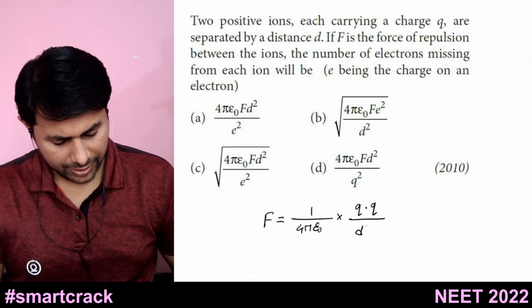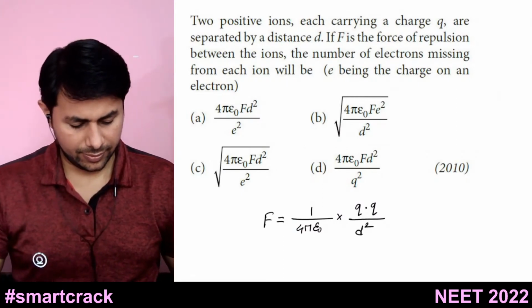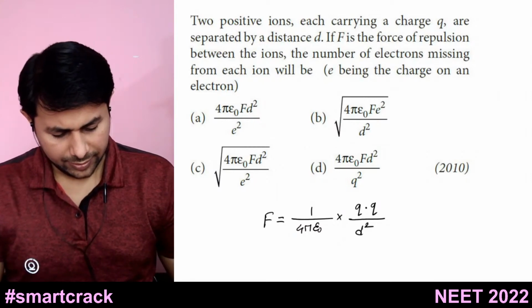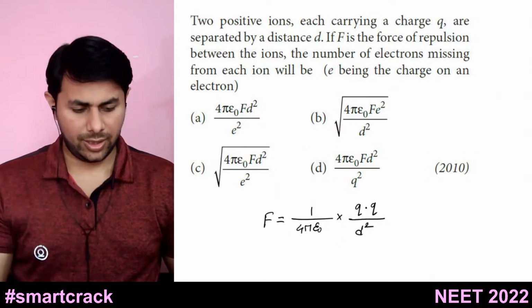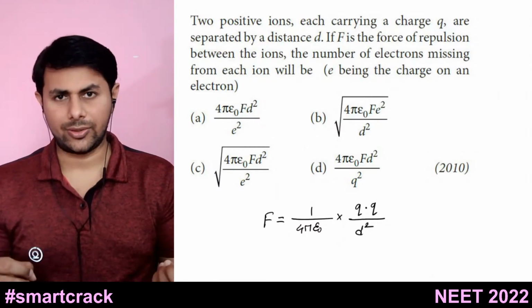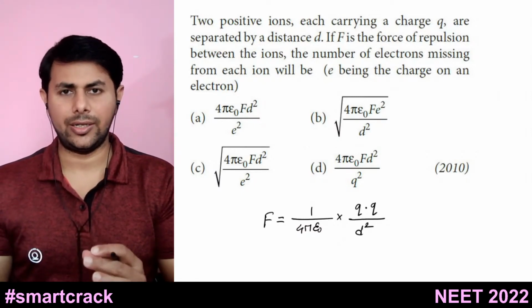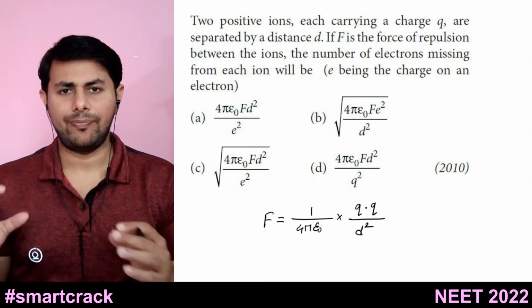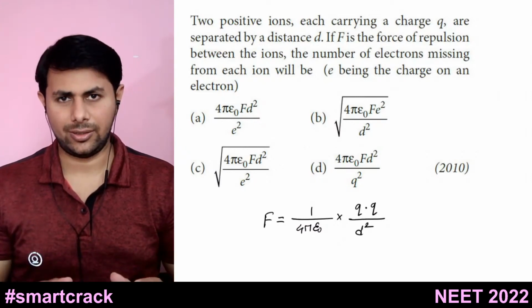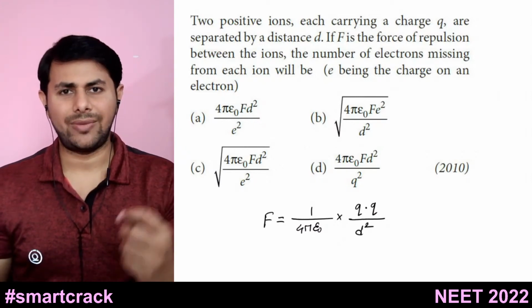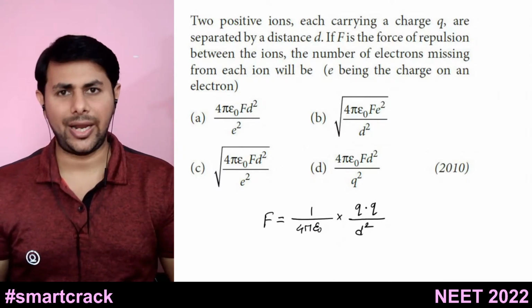So here it will be d square. And if you remove n number of electrons from an atom, the ion will have charge equal to plus n times E, because you have removed minus n times E charge from the atom.